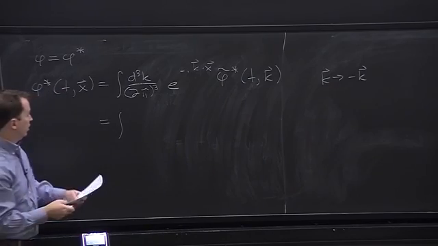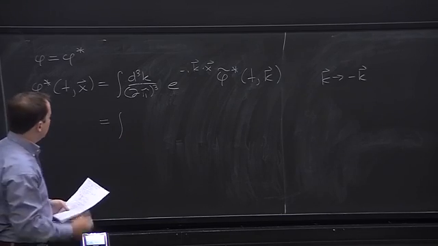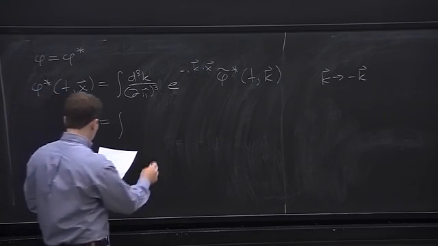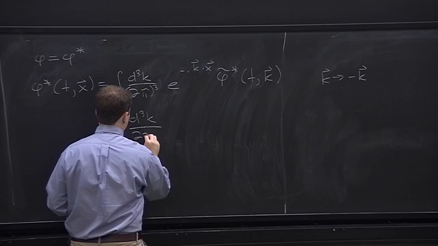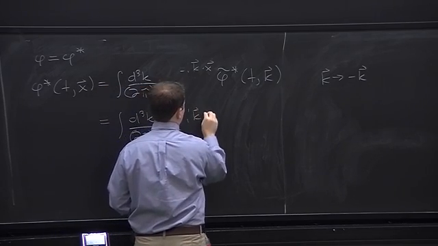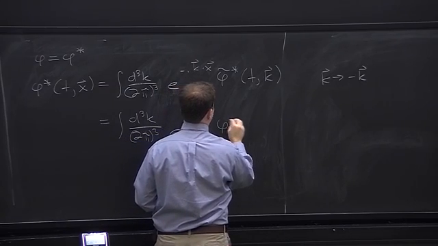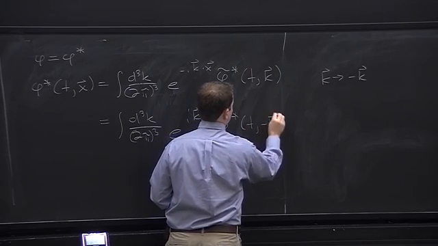We get minus signs directly and also indirectly from flipping the limits of integration. So this is equal to the integral of d3k over 2 pi cubed, e to the i k dot x, phi tilde star of t and minus k.